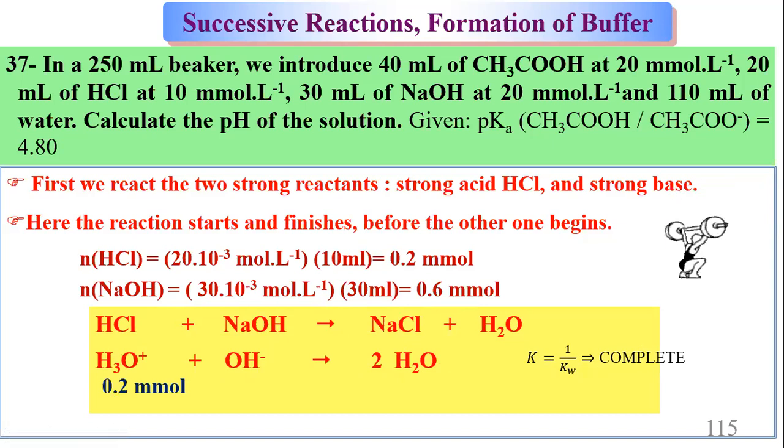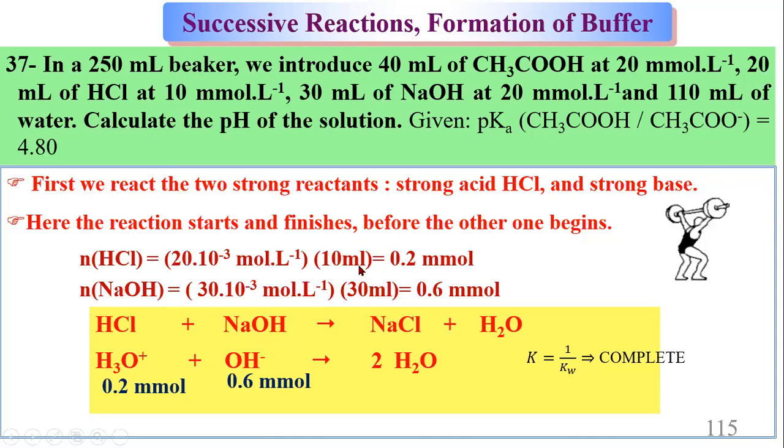So starting, we have 0.2 millimole of H plus and 0.6 millimole of OH minus. Again, this will be very useful for you as examples for later on for our titration. This is just a titration of a strong acid with a strong base. You multiply the concentration by the volume.